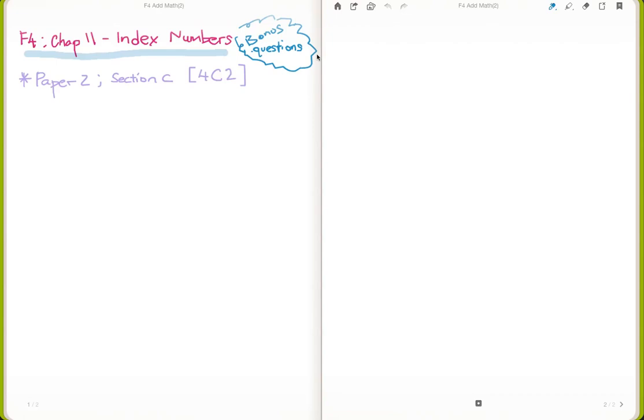In this chapter, there are maybe three words that you need to know. Now, before we get into the technical term, let me define those words first. Index number.